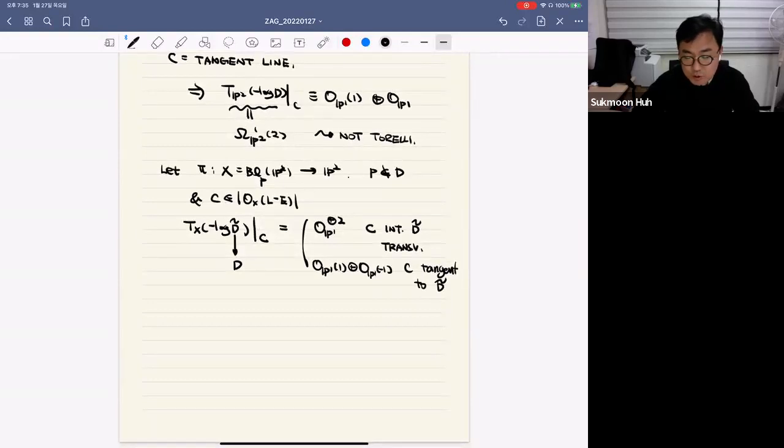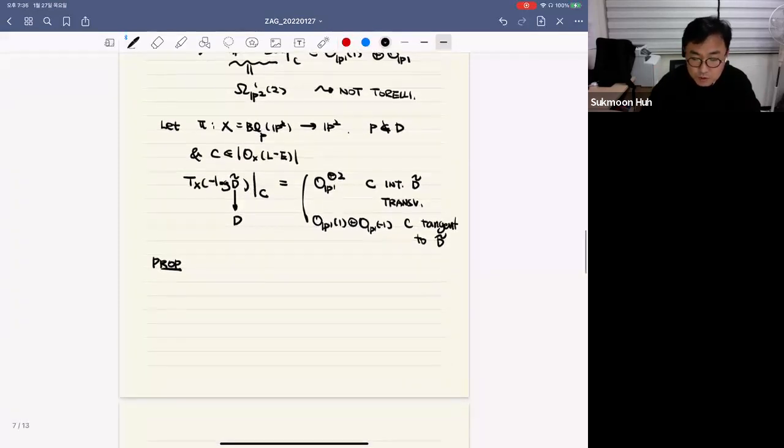And so that means if we blow up many points, for example 3 points, then we can characterize our conic from these curves C, because if you have 3 points at which you blow up, then at each point there exist 2 lines which are tangent to the strict transform, which characterize the logarithmic tangent bundle, at which we have a different splitting type. So we get the following proposition.